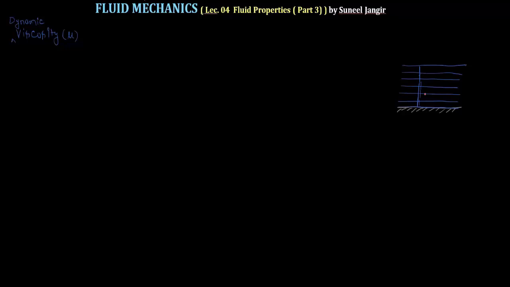So Newton investigated this type of fluid flow and he found that the fluid layer exactly stuck to this solid surface has zero velocity, as we discussed in our first lecture. That is the no slip condition.